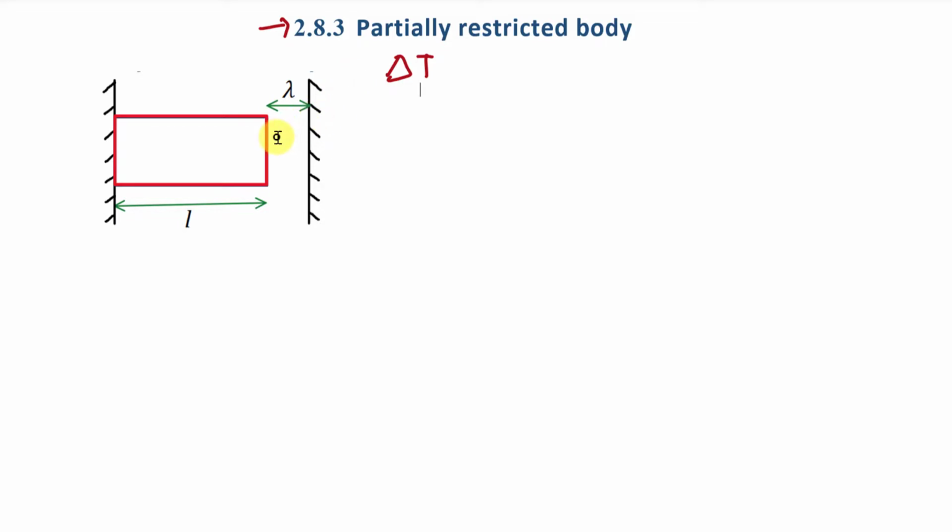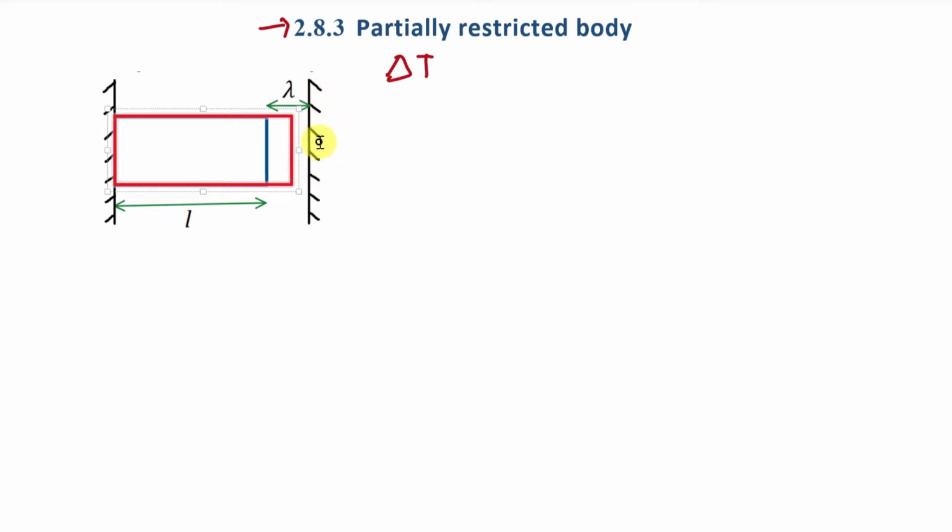Right, now we can consider two cases. In the first case, if we increase the temperature delta T of this body, then the length of this body will increase beyond this point, that is, the length is increasing more than this value of lambda, meaning this surface is going to exceed this restriction.